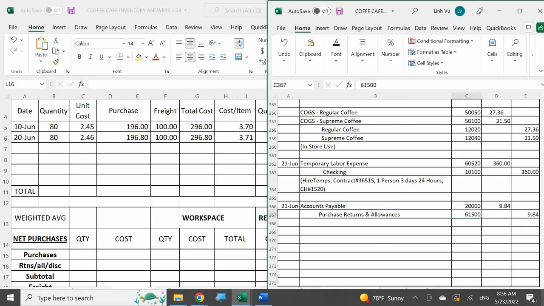Now, do I know which invoice I'm actually returning? Yes, we do know. We received the inventory, and we're getting a refund from the vendor. How do I know which vendor is going to give me the refund?